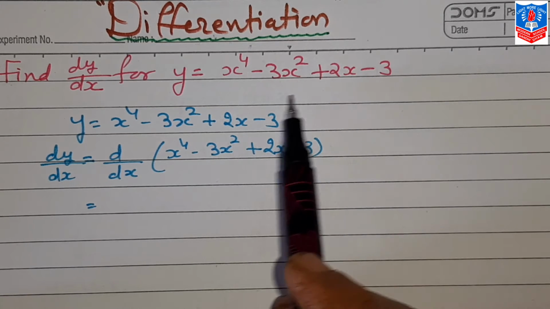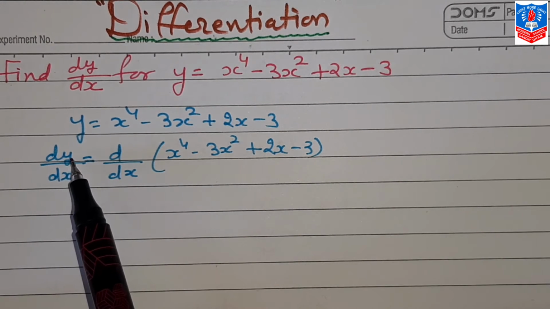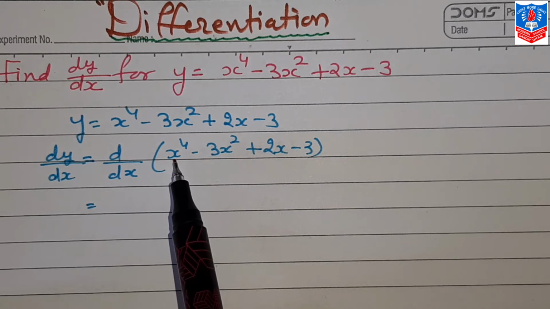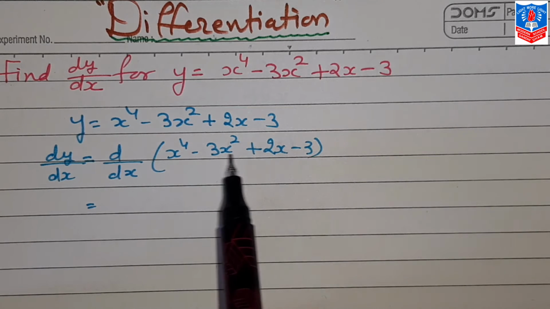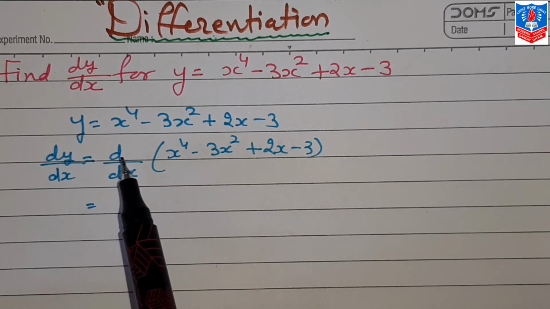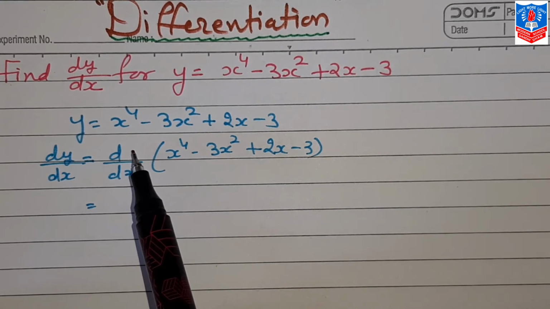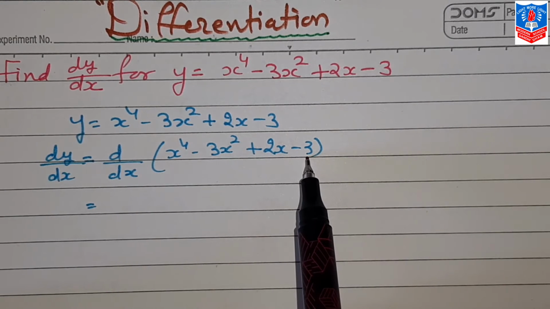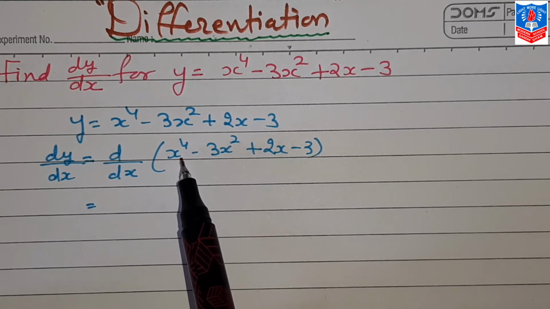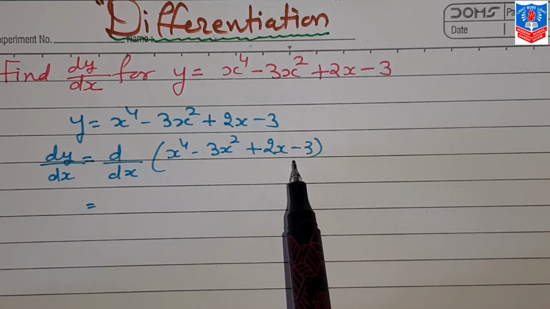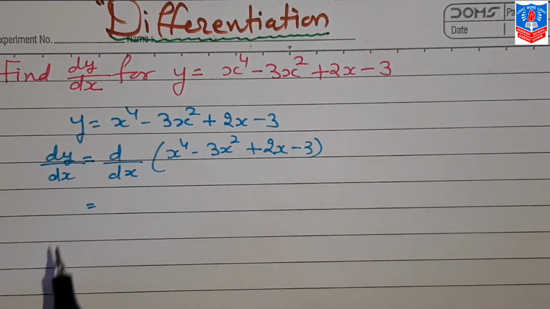Now how to solve? First you write dy upon dx, because we are supposed to find the derivative of this equation. So for y, because here it is given y is equal to this, in place of y, d upon dx we can write these values: x raised to 4 minus 3x square plus 2x minus 3.